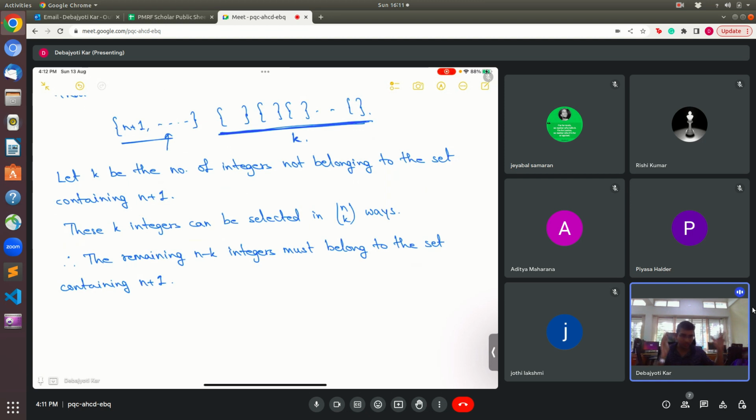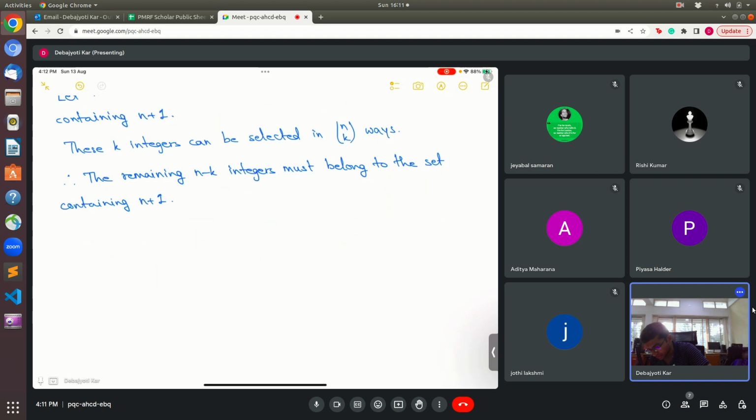Now these remaining k numbers which we had initially chosen can be partitioned among themselves in B of k ways, the kth Bell number.